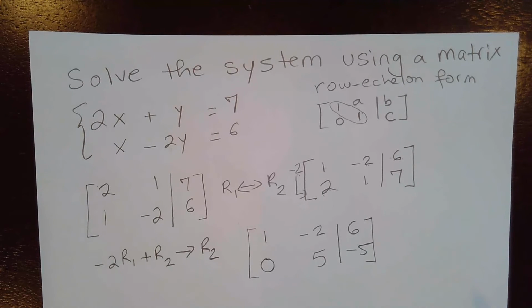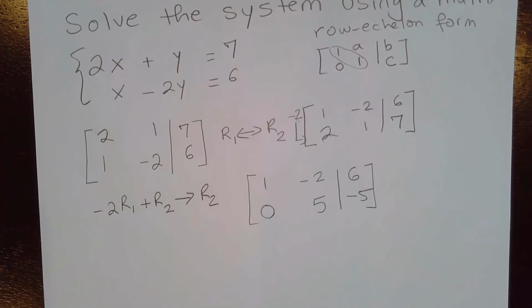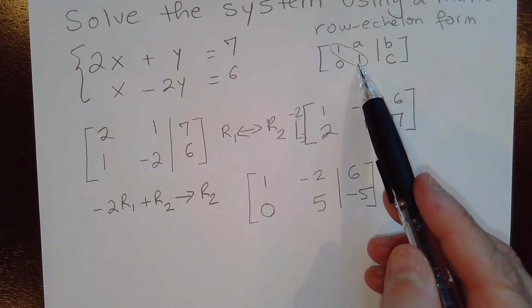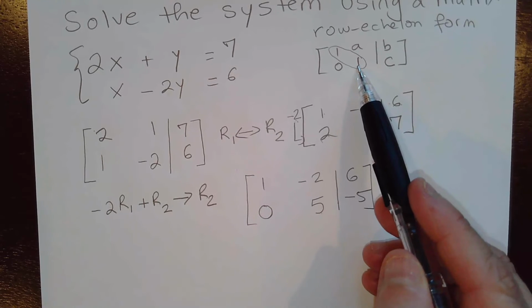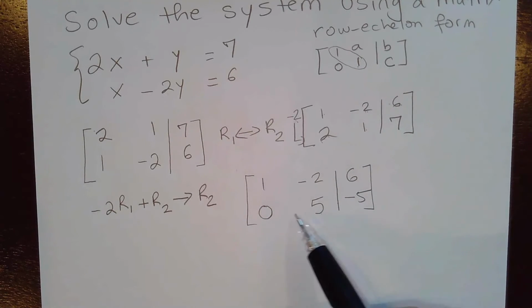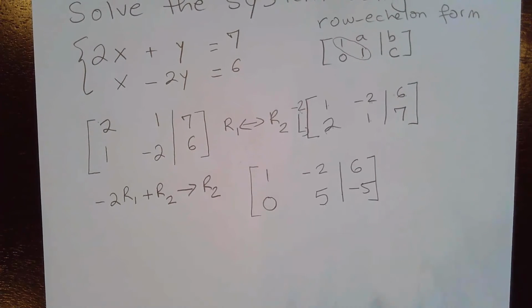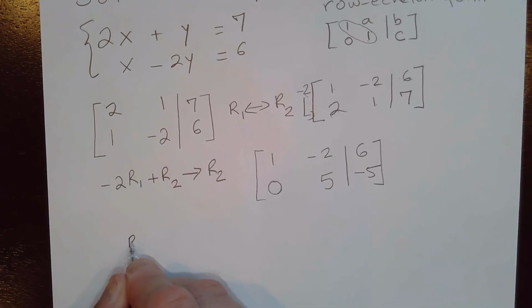So now we have the first column correct. Now what we need to do is make this one 1, to make it into row echelon form. Now we can multiply the second row by 1/5 to do that. So multiply row 2 by 1/5.